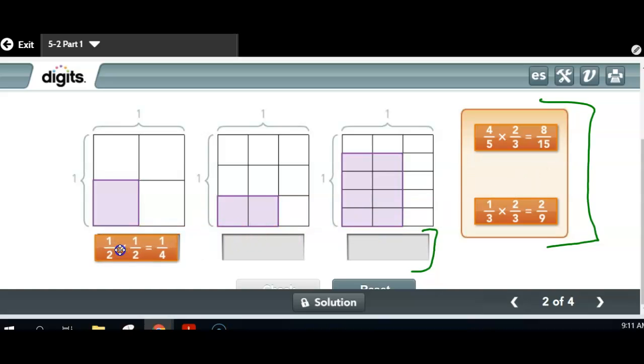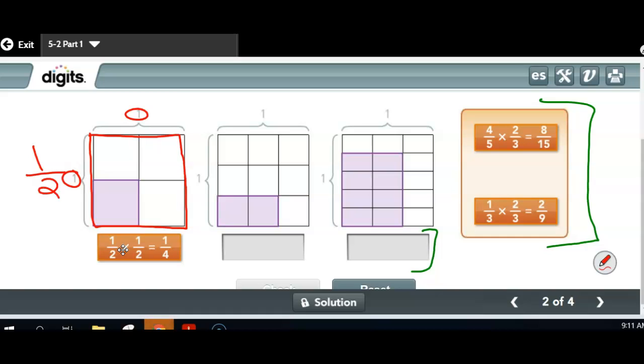Good. 1/2 times 1/2 equals 1/4. I would agree. Now, showing this representation, this is a 1 right here and a 1. 1 times 1 is what? 1 times 1 is 1. This whole thing is 1/4. Representing this, 1/2 is on the rows, 1/2 is on the column.